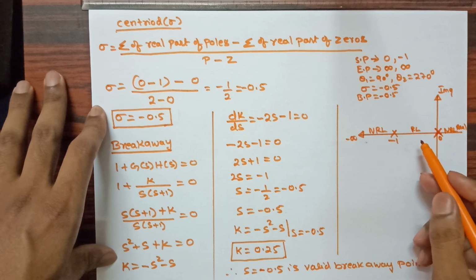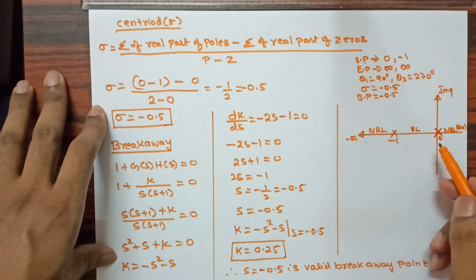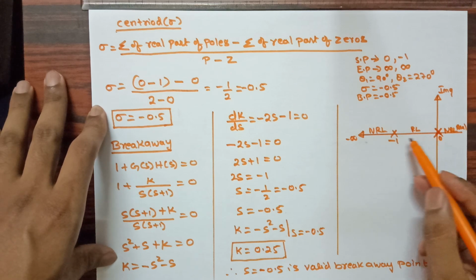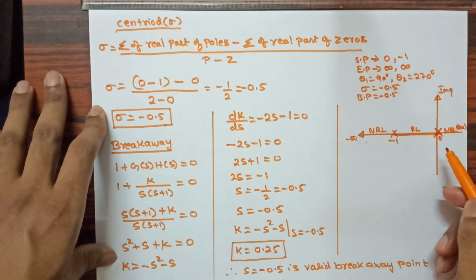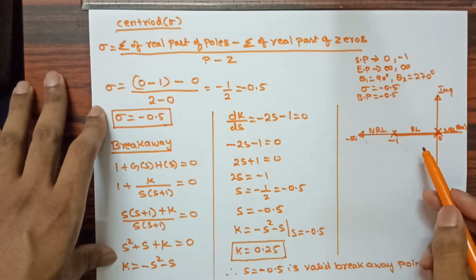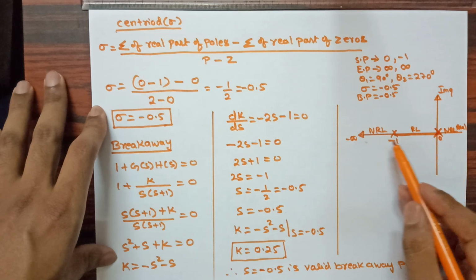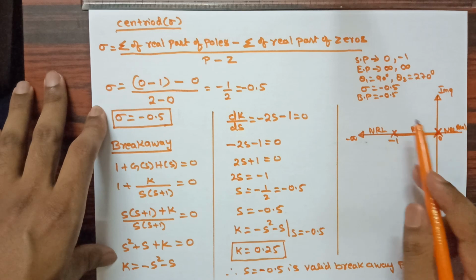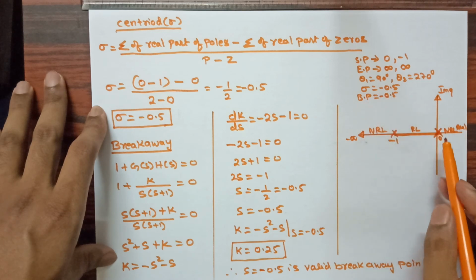For that, first I need to provide the angle for these two poles, and here we have considered the root locus path, and we know that these two poles approach infinity. For that I need to provide an angle, that is the angle of asymptote. To draw an angle I need to consider a point on this real axis, and we got the centroid value, that is -0.5.